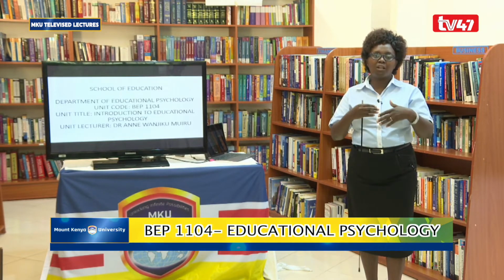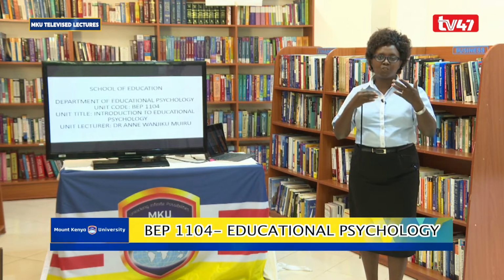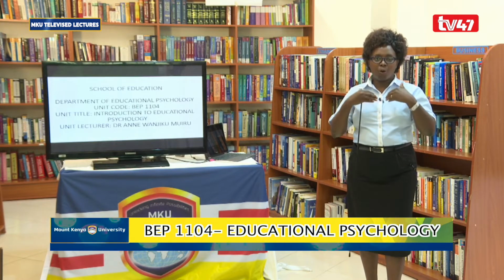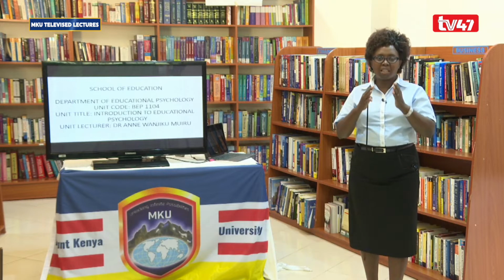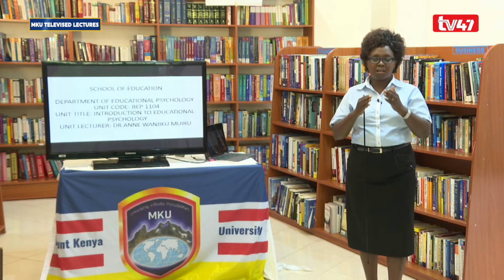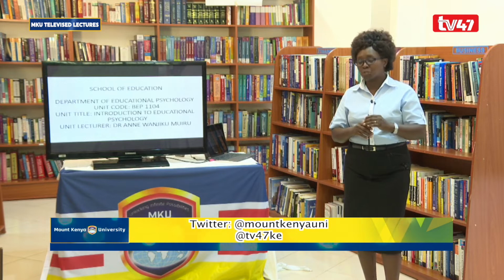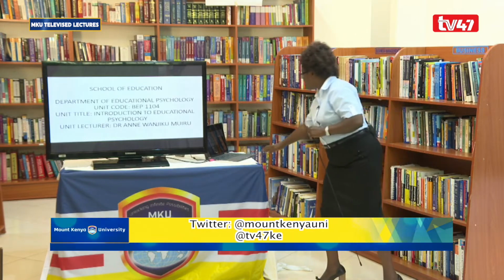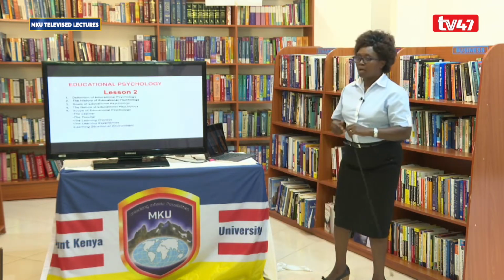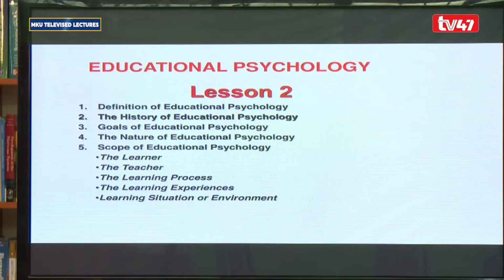Then we went ahead and looked at a number of branches of psychology, but now our focus will be the core of this unit, which is educational psychology. So in our lesson number 2, this is the outline of the lesson, my dear students.